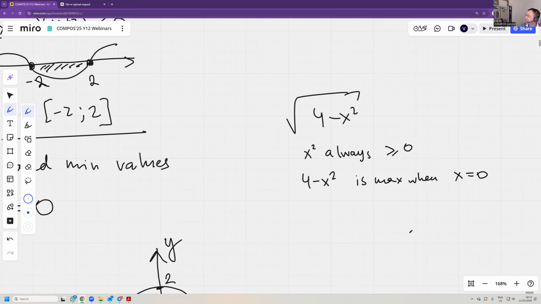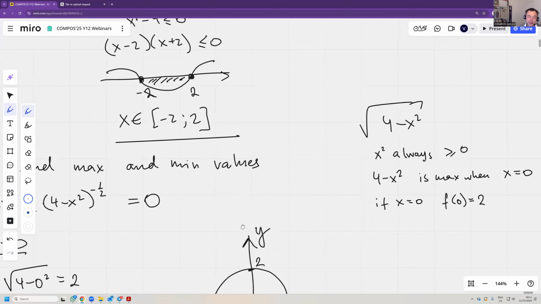You could always do that. When x is 0, it's 4. If x is 0, f of 0 is just 2.